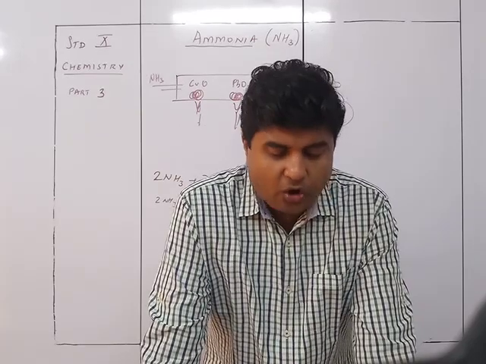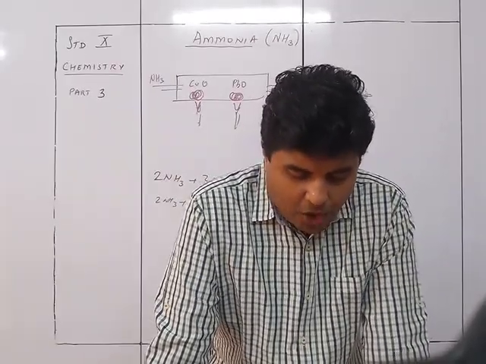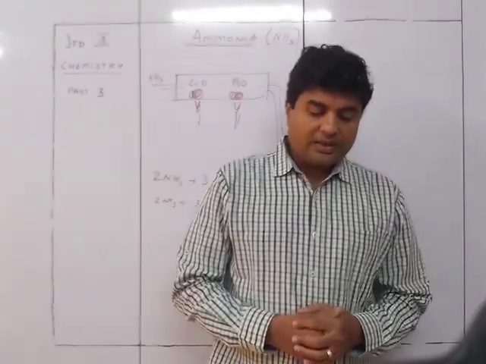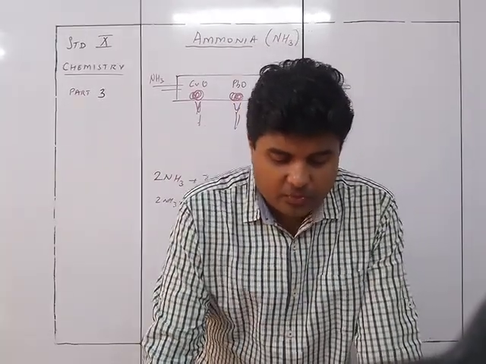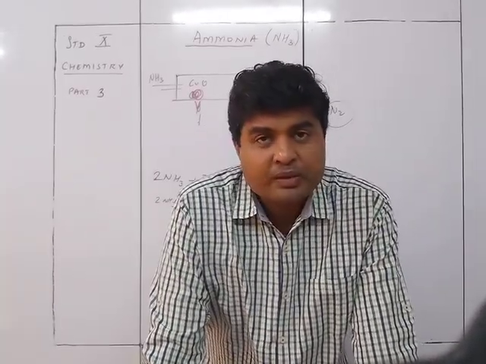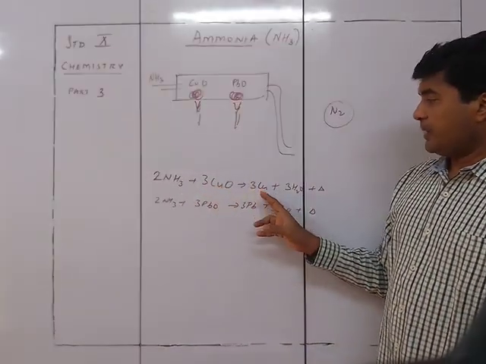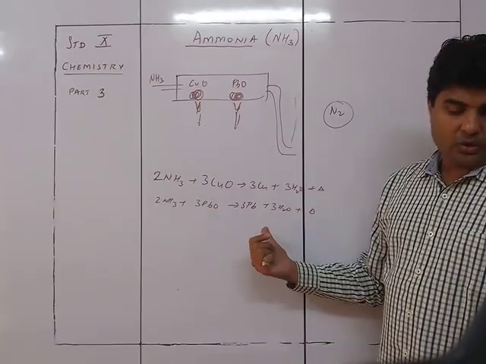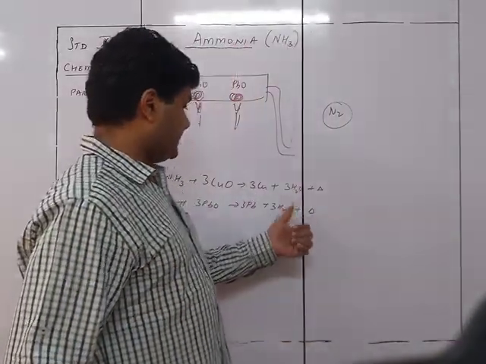So the outcome will be that copper oxide is black in color, whereas the copper you are going to get will be brown in color. The lead oxide will be buff yellow, whereas the lead you are going to get will be a greyish metal of lead. So the color changes are coming over here. Black color is going to become brown, and buff yellow is going to turn into grey metal. And nitrogen gas is going to be evolved in both the cases also.